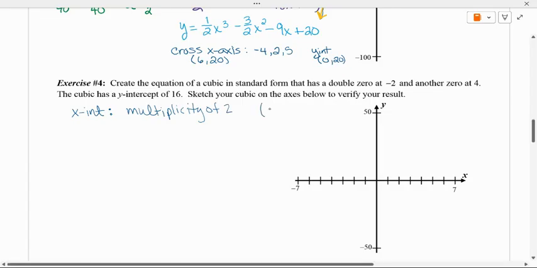That just means that if the root is -2, the factor is x plus 2, squared.